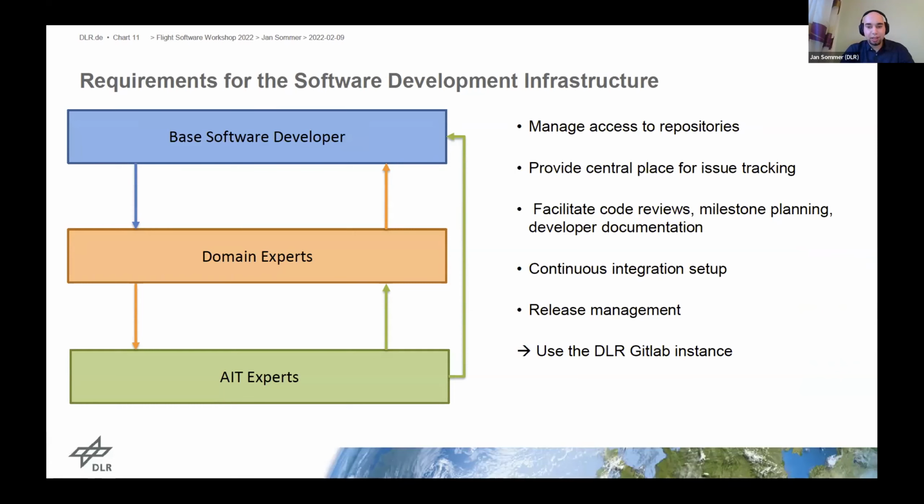And then we established that we want to use our DLR GitLab instance. However, in the following slides, I will try to be more agnostic to the technology. So you can achieve essentially the same with GitHub, for instance, or also with your self-hosted Jenkins server. Next, please.